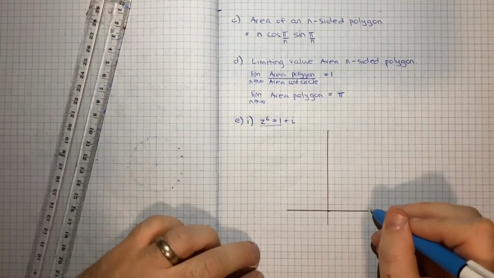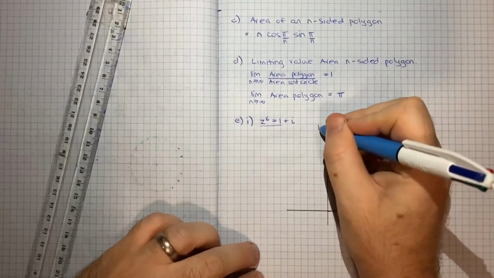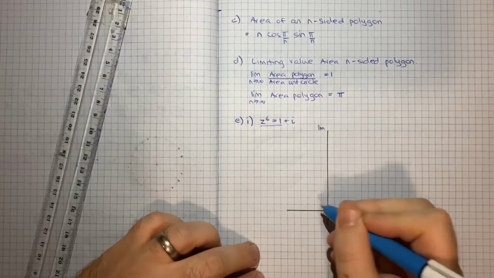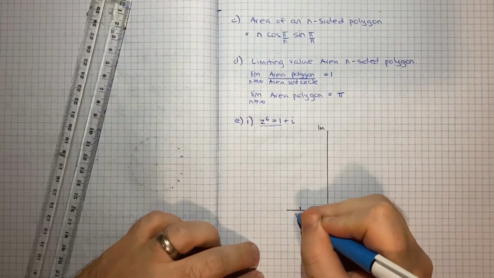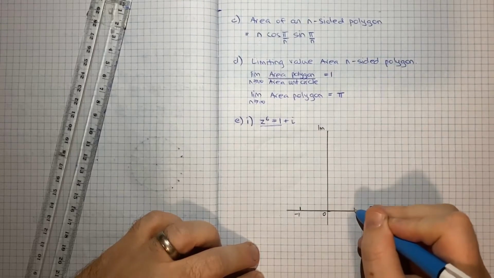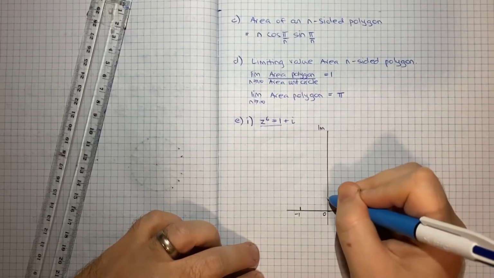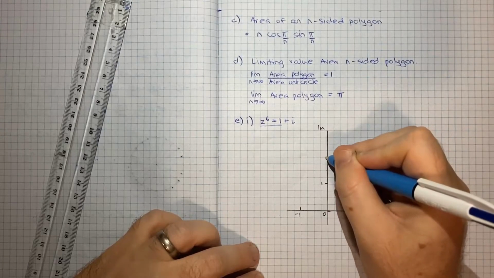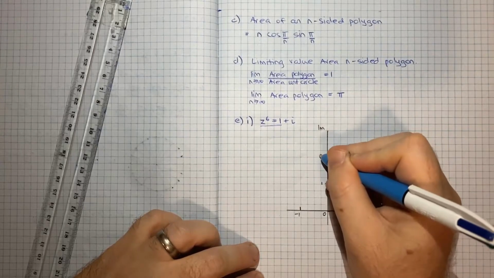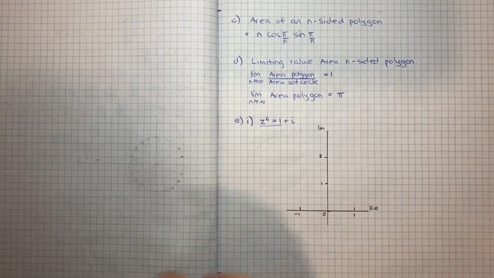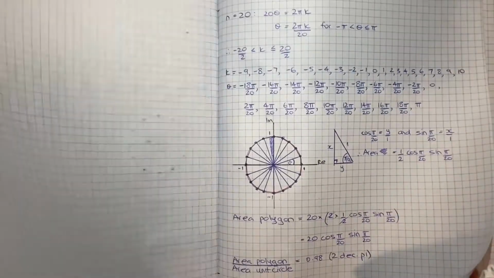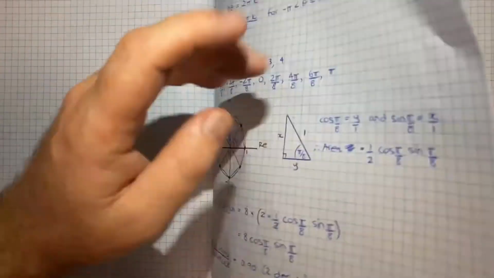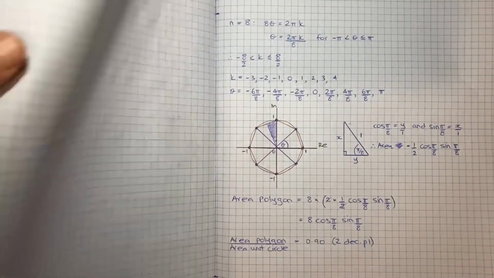So if this is my real, this is my imaginary, this is the origin, I'll call this negative 1, I'll call this positive 1, I'll call this 1, and I'll call this 2. What we had for n equals 6, where's that?